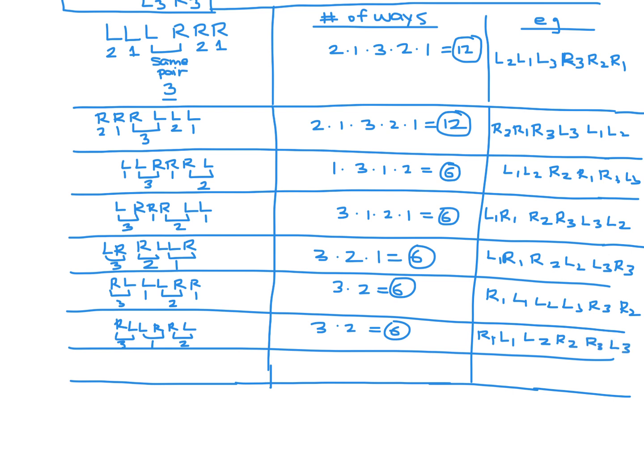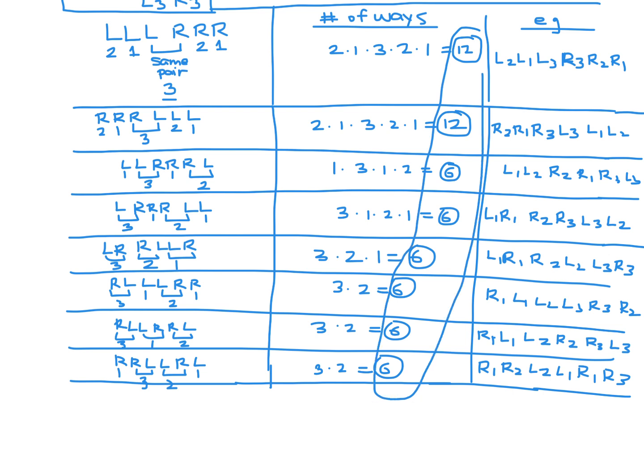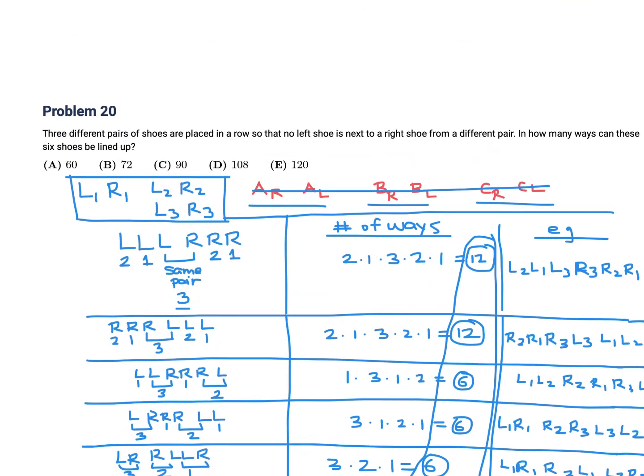And final one is R, R, L, L, R, L. These have to be the same. So 3, 2, 1, 1. And that again is 3 times 2, which is 6. And an example of that is R1, R2, L2, L1, R1, R3. Okay, then tally all these guys up. And when you do, you will get 60 as the total. And therefore, the answer is A.